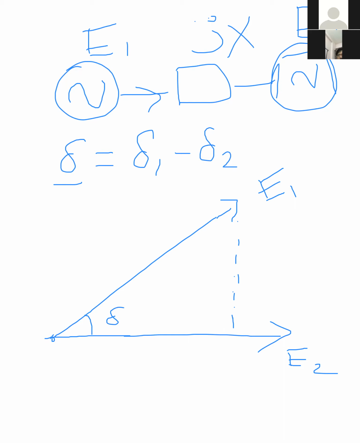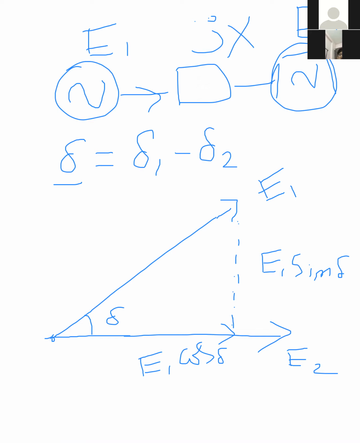Then if you resolve E1 along this direction, this is E1 cos delta, and the opposite one is E1 sin delta.